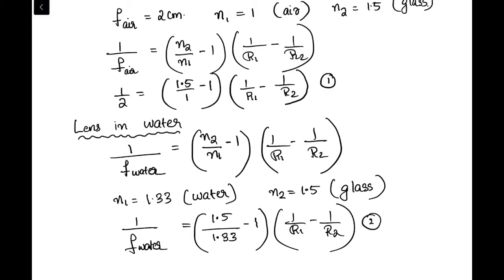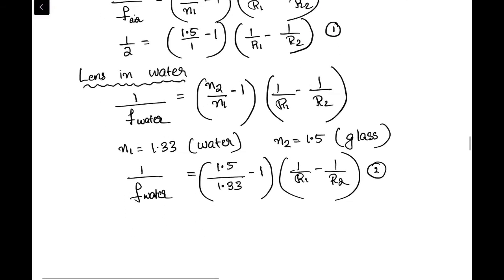Now we can calculate F water, because F air was given, so the only thing we have to calculate is F water. You can do that by solving equations 1 and 2, simply by dividing.